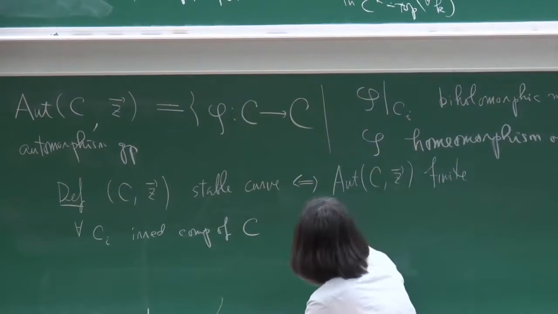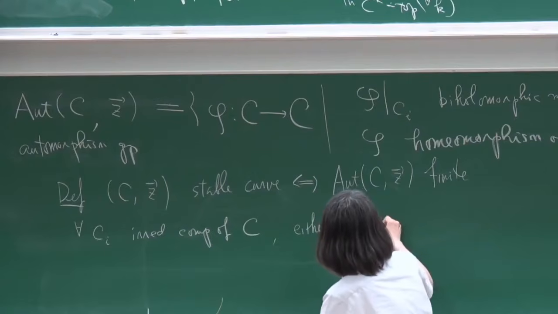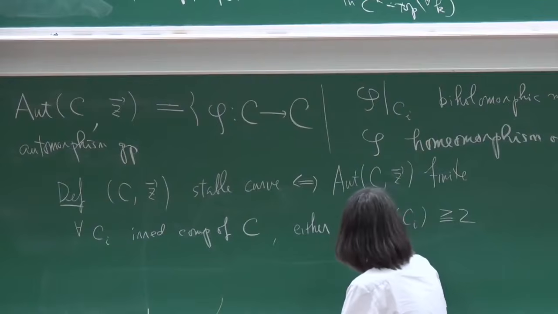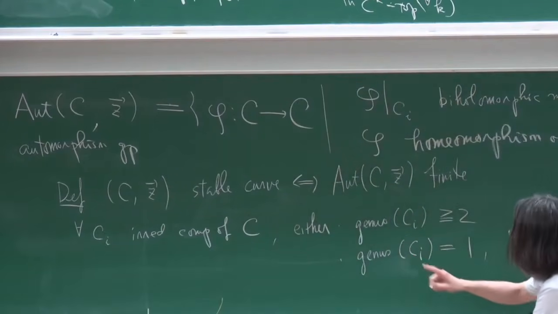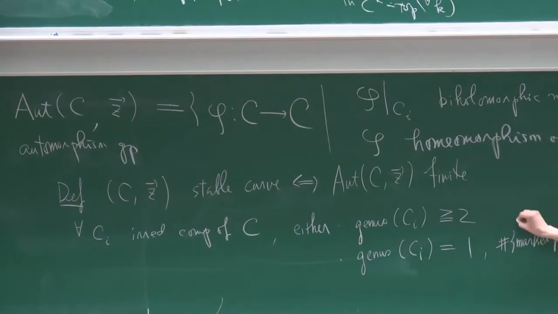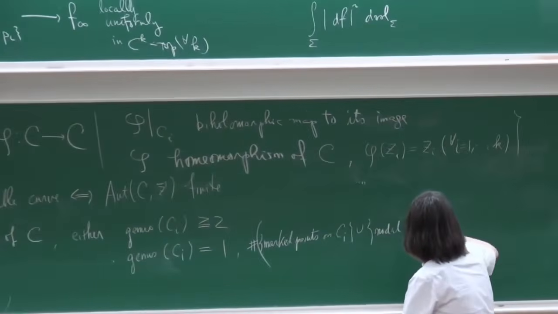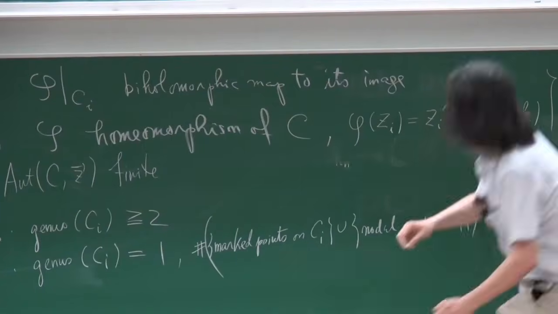So then for Ci, actually either the genus of Ci is bigger than or equal to 2, or the genus of Ci is equal to 1, then the number of marked points on this component Ci and nodal points on Ci must be at least 1.